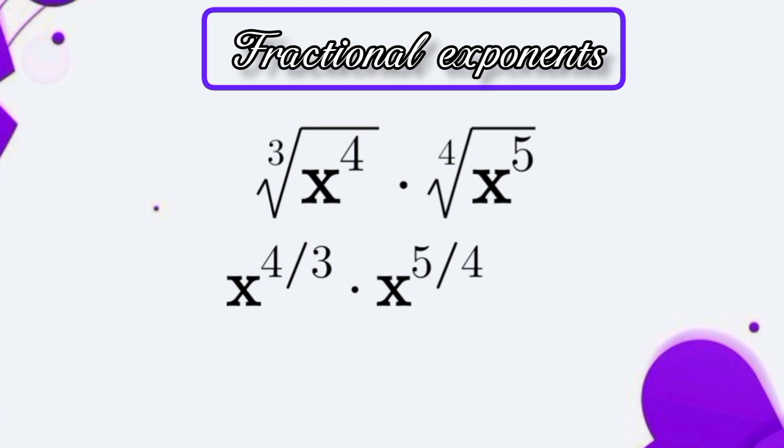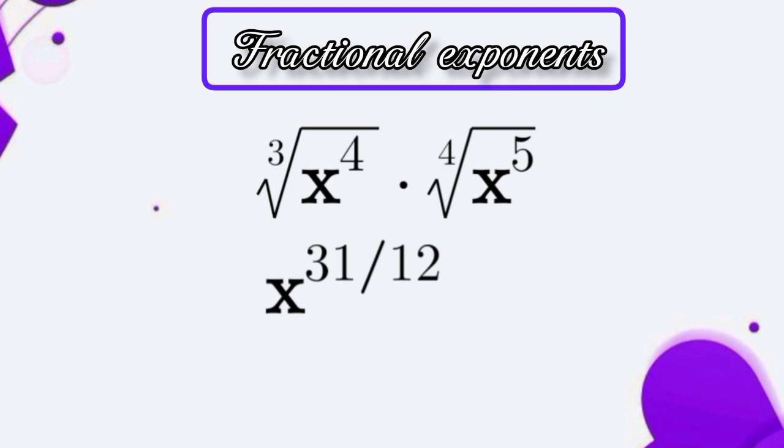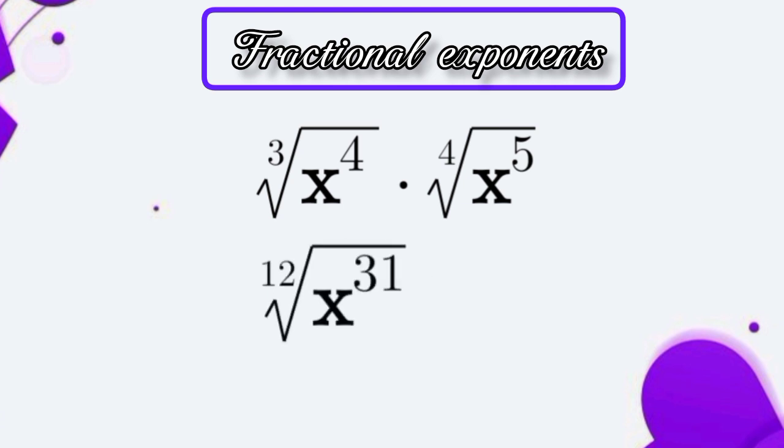So adding them, we have 4 over 3 plus 5 over 4. So this is going to give us 31 over 12. So taking it back to the question, we have x raised to the power 31 over 12. Now writing it back to the other form, we have the 12th root of x raised to the power 31.